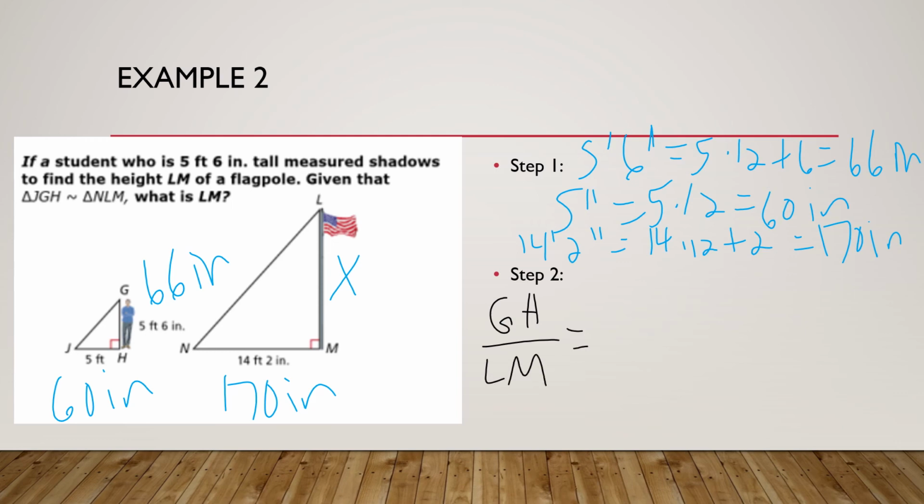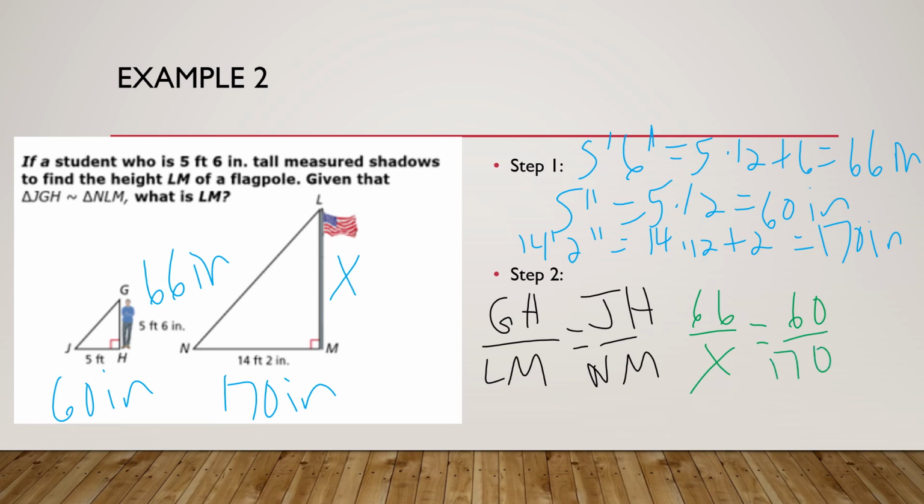We could then do the shadow of the man, which is JH, compared to the shadow of the flagpole, which is NM. Now we can fill in our values. GH is 66 inches. LM we don't know, so we're going to use x. The man's shadow is 60. The flagpole's shadow is 170 inches.